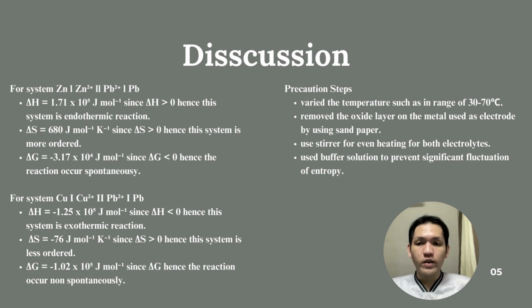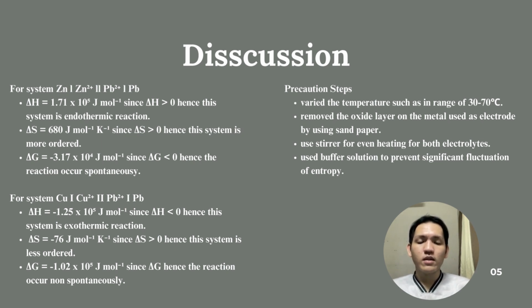For the discussion part, for the system zinc and lead, we identified that delta H is 1.71 times 10 to the power of 5 joule per mole, and since delta H is greater than 0, this reaction is an endothermic reaction. The entropy change for this system is 680 joule per mole per Kelvin.